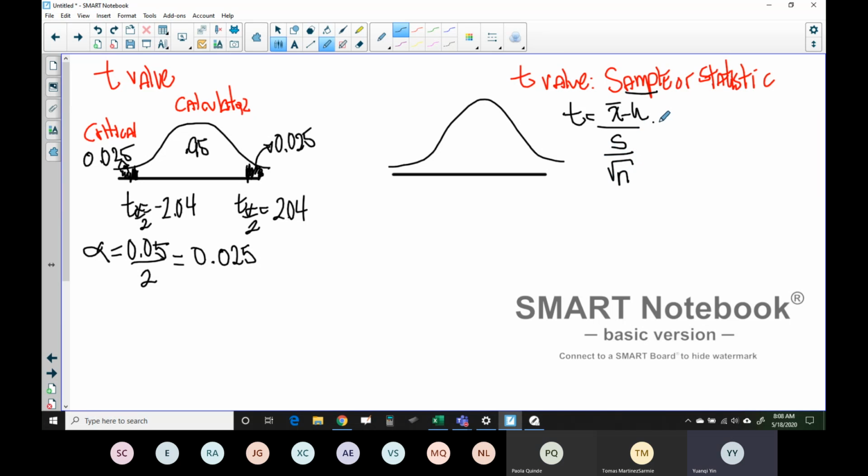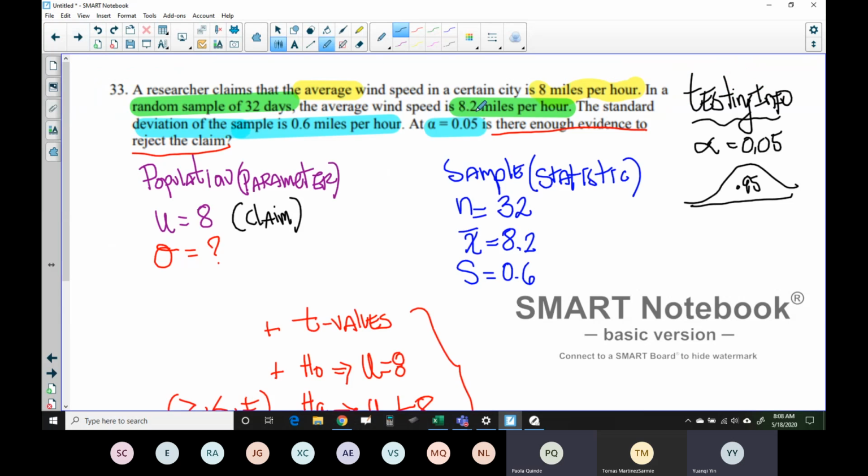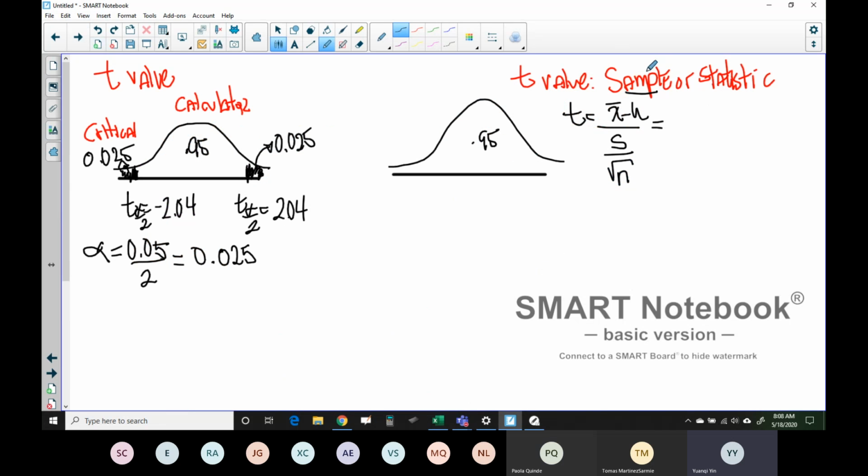It's the same picture, but using the sample information, so of course the numbers are going to be different. X bar, if you go back to the problem, is 8.2. The standard deviation is 0.6. So we're going to use that information to put it here.